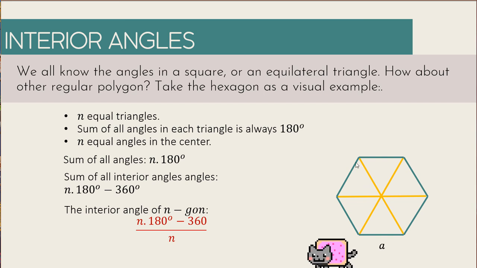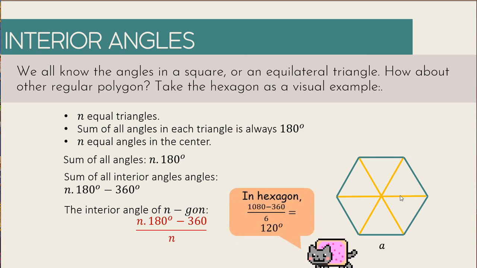And we know that all the interior angles are equal to each other, and we have n of them. So the measure of an interior angle of an n-gon is n times 180 degrees minus 360 degrees, all divided by n. We take the sum of all n interior angles divided by the number of angles, which is n.